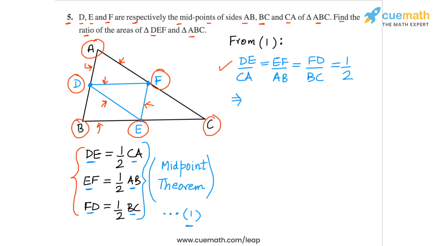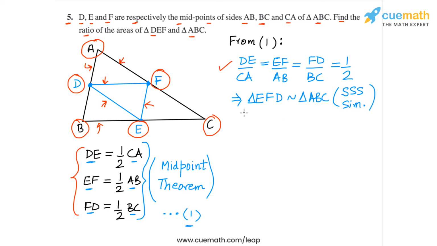So the way we will write the similarity relation is, if we take the large triangle as triangle ABC, then we will have to write the vertices of the small triangle as EFD. So triangle EFD is similar to triangle ABC, and we are using the SSS similarity criterion to claim this similarity.